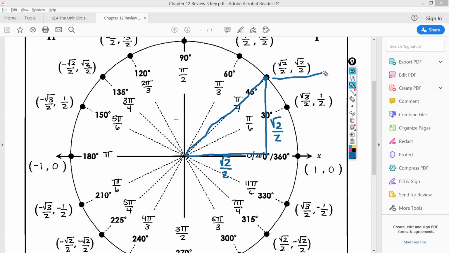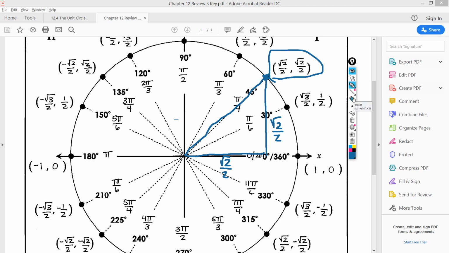So these coordinates are telling us two things. One, they're telling us where this point is in space, and they're telling us the height and base of a triangle that has its point at these coordinates. So these coordinates are telling us the dimensions of the triangle also.